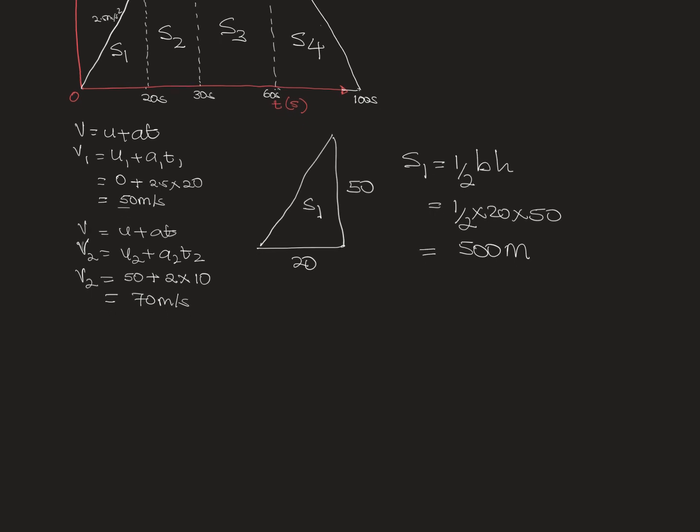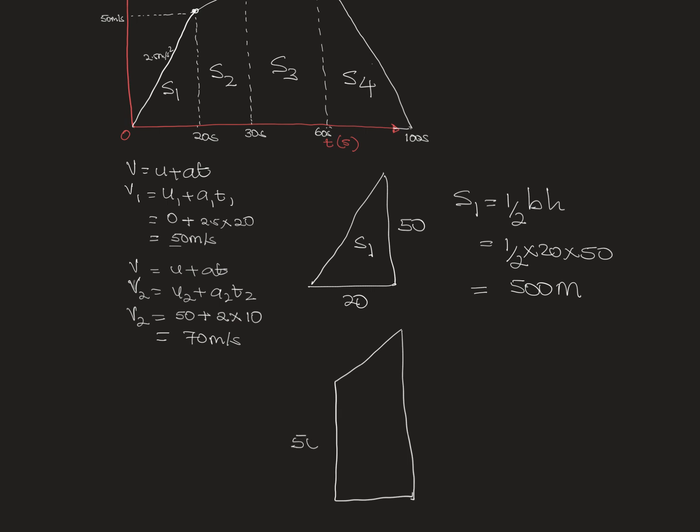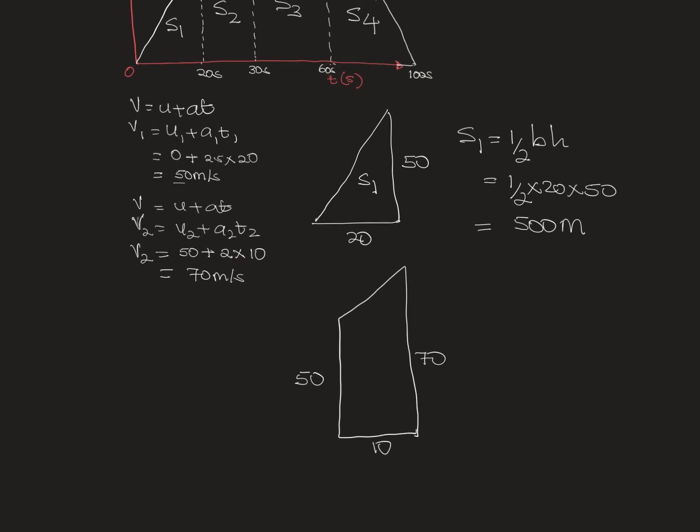So what is the shape of S2? It looks like a trapezium. We have 50 here, we have 70 here, and 10 seconds there. That's the time.